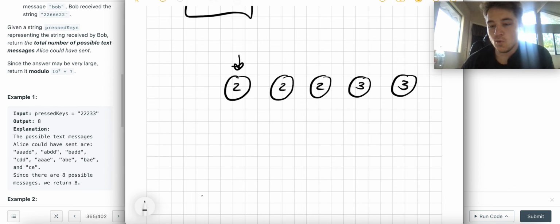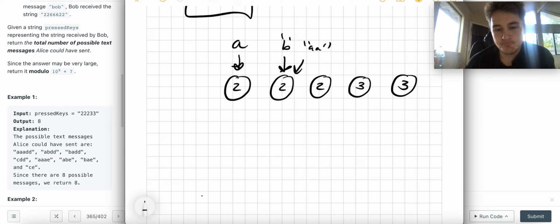Just typing 1 2, the only thing I could have done is placed an A. That's the only thing that could be there, right? What if I have two 2s? What could be the case? Well, I could have typed a B, or I could have typed two A's in a row. What about when I get to this case here?